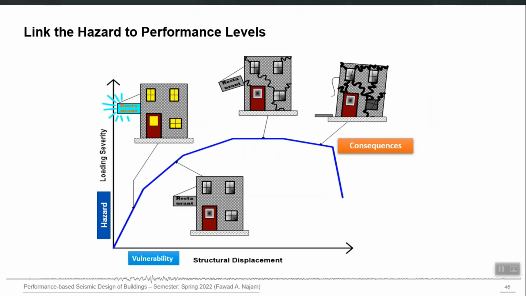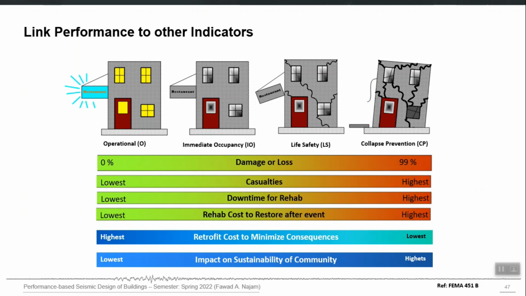So you can convert the performance levels after the analysis into any damage or any loss, casualties, downtime for rehabilitation or repair cost. Obviously for IO everything is 0, and for CP everything will be maximum. Repair cost will be maximum, or obviously for CP maybe repair is not feasible, right?